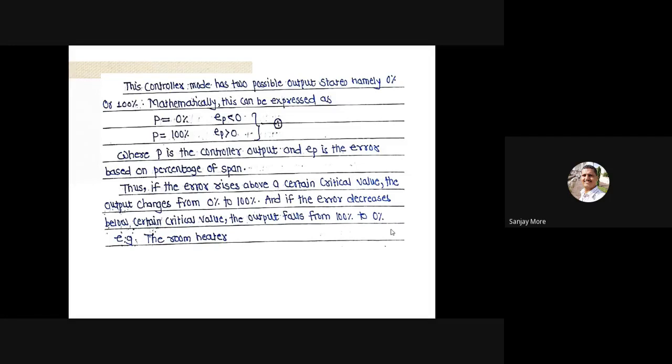The next, this on-off controller mode has two possible output states. First one is 0% and second one is 100%. Means whether they are on or off. Only two possibilities are there in the on off controller. Okay.